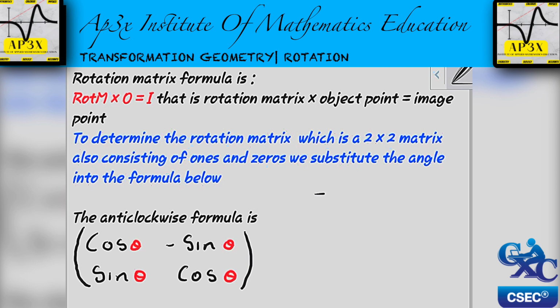I made note of that in my previous video where we talked about the fact that the transformational metric multiplied by the object point will always produce the image location. And this transformational metric binds reflection, rotation, and enlargement.